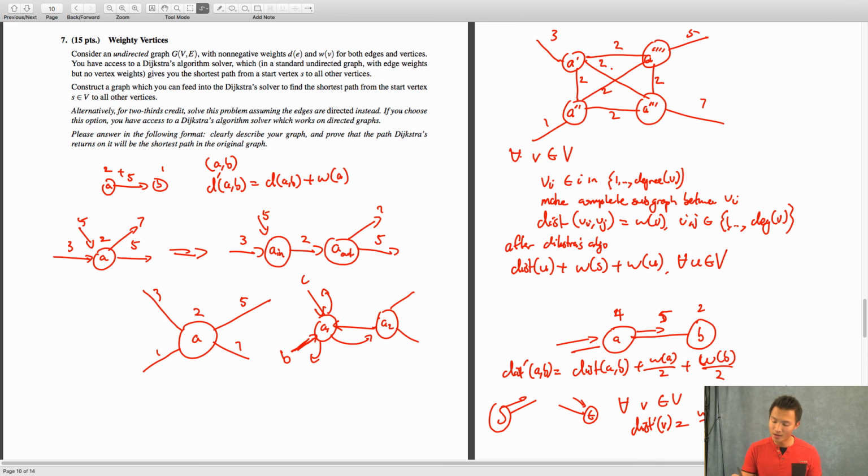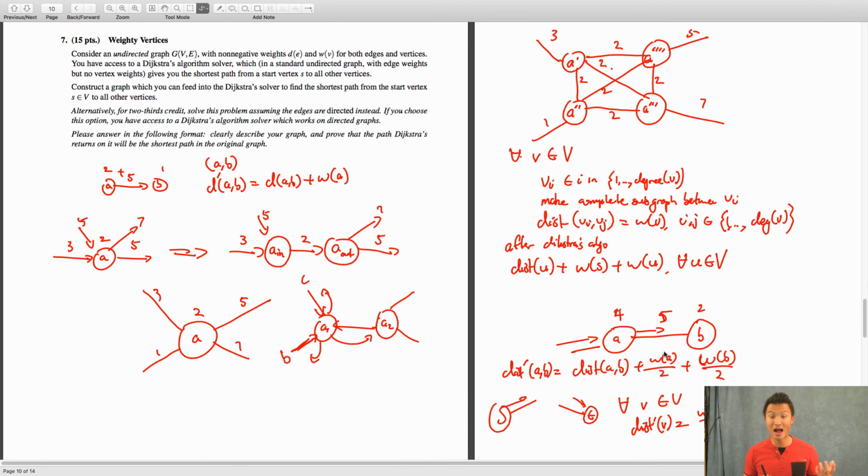So in total, if I take this part and I add it into this, all I'm going to do is just remember to, yeah, no, that's fine. Just leave it right there. So I'm going to calculate all of this distance like this by taking the vertex weight, splitting it in half, and distributing it to both sides, to all my vertices.